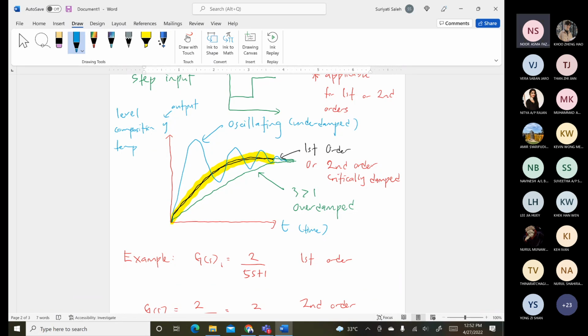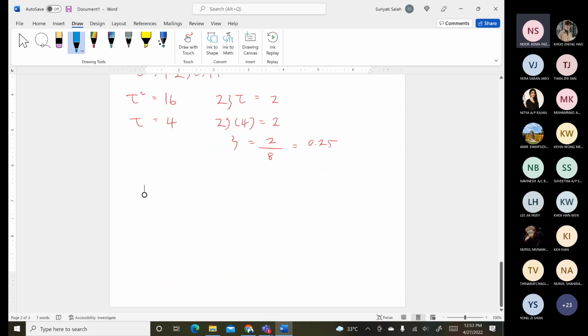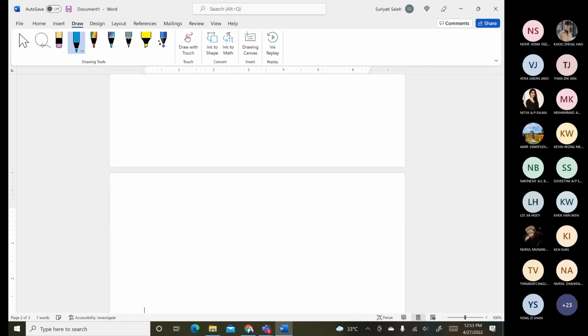So normally, questions relating to the underdamped response are very popular to be asked during the final exam. Why? Let's take a look at why this topic becomes so popular. Because when we have the oscillation, we have different characteristics to be considered.